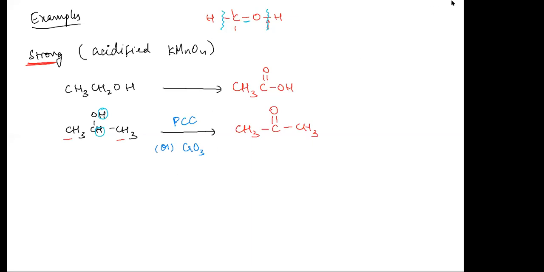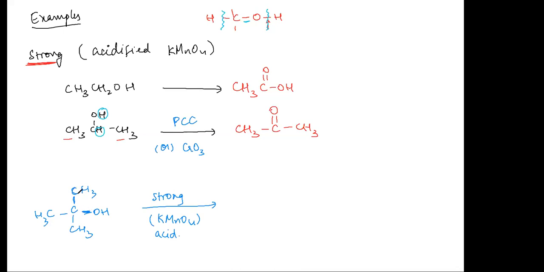And in the case of tertiary, like the last case I mentioned, if you have something like (CH3)3COH, and I treat it in the presence of a strong oxidizing agent like acidified KMnO4, then now I can't attach a double bond O, right?